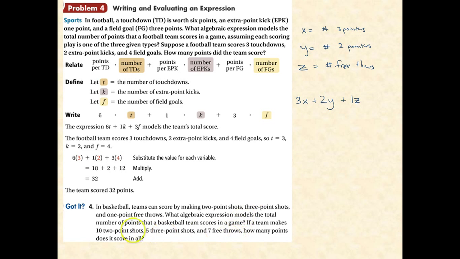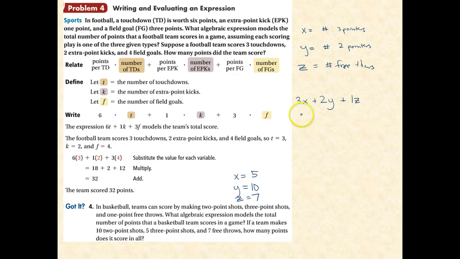And then if the team makes 10 2-point shots, so that means that y equals 10, 5 3-point shots, so x equals 5, and 7 free throws, so z equals 7. How many points did they score?